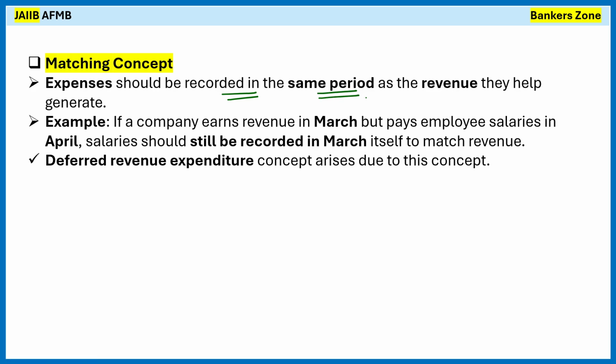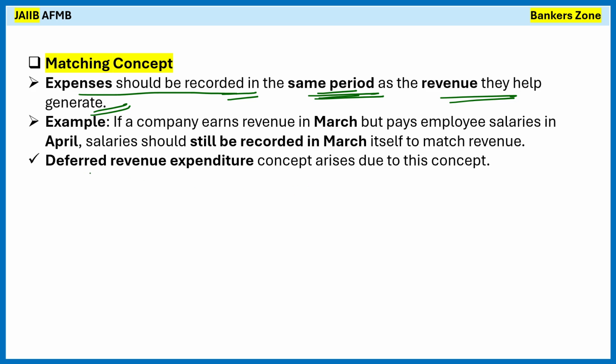Expenses should be recorded in the same period as the revenue they are helping to generate. So the expense and the revenue should be recorded in the same period, that is, the same month, March.